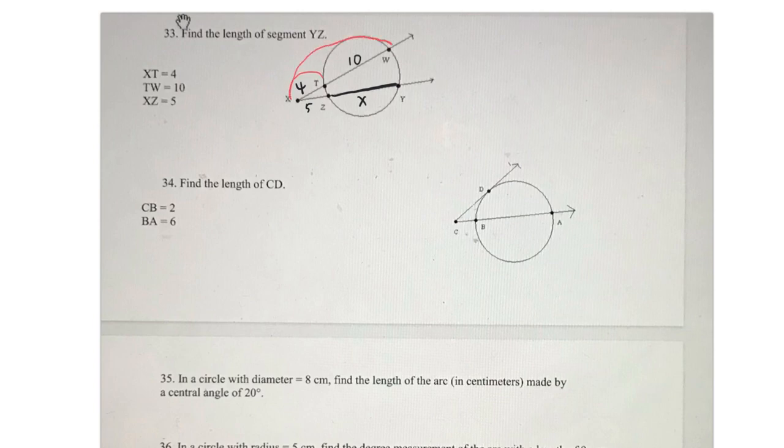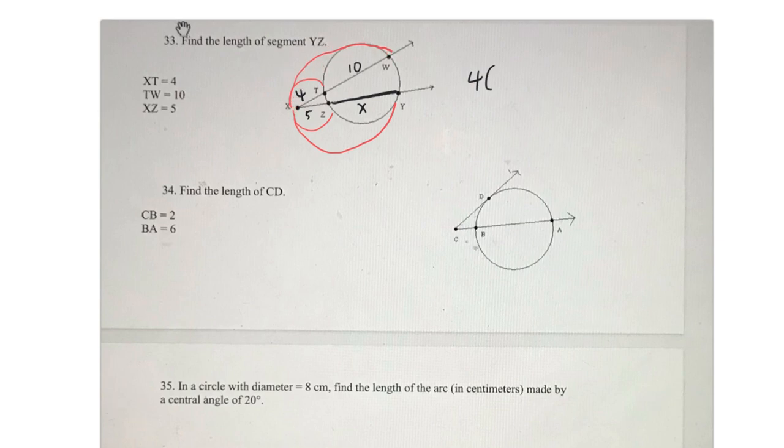So the pattern that I'd like my student to remember is that this part and this whole have a special relationship, and that relationship is that 4 times the entire thing here, which is 14, is going to equal 5 times the entire thing, which is 5 plus x.